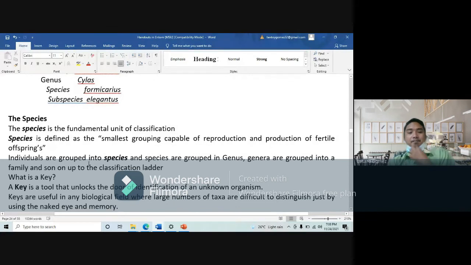Individuals are grouped into species, and species are grouped into genus. Take note: individuals, meaning a single specific insect, are grouped into species, and that group of species is called a genus. Genus, or its plural genera, are grouped into family, and so on up the classification ladder.